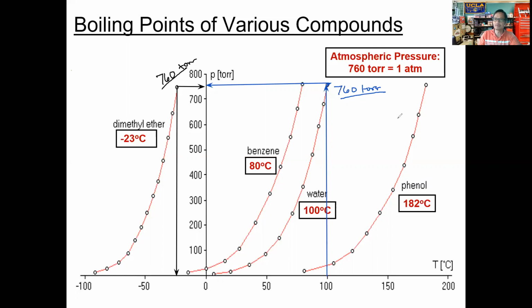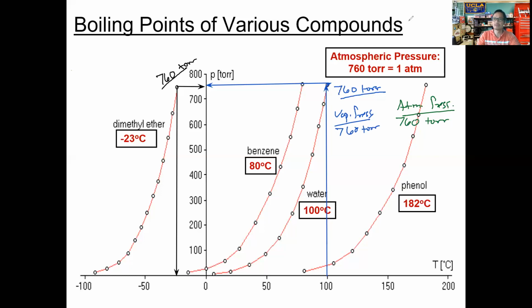Okay, so atmospheric pressure is 760 torr. And at this temperature, we see that water is exerting a vapor pressure, and so we'll call this vapor pressure, of 760 torr.